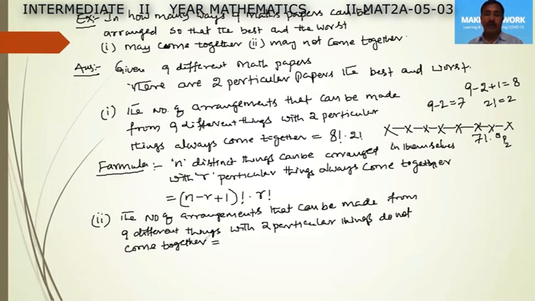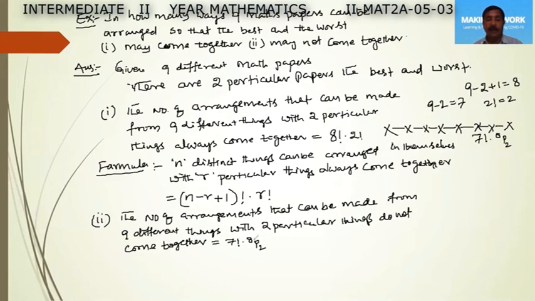So now this can be done by using the fundamental principle in 7 factorial into 8P2, right? So this 7 factorial value is what? First arranging the elements after removing the 2 particular elements from 9 elements.